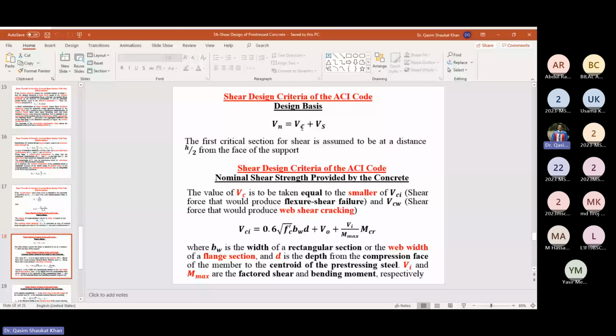The first critical section for the shear is assumed to be at a distance h/2 from the face of the support.